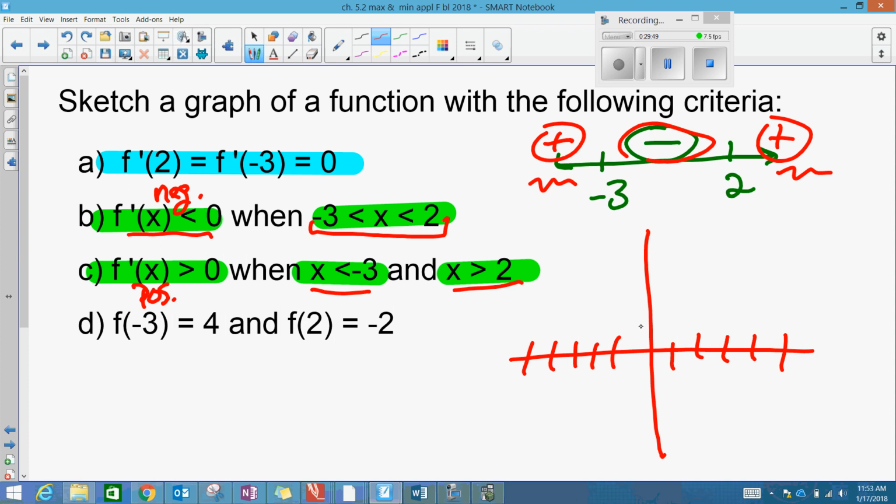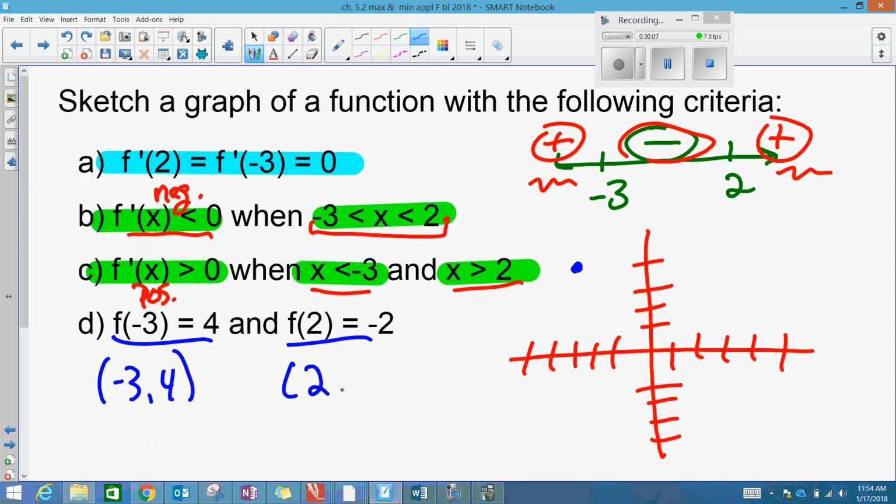We're going to go up to 4 and down to negative 2. So we have a point (-3, 4) based on this information, and a point (2, -2).